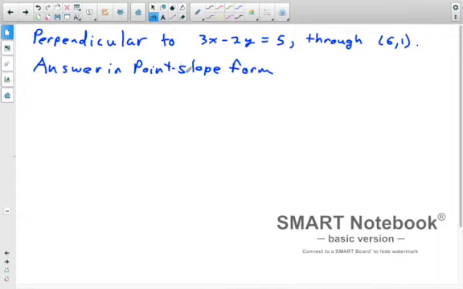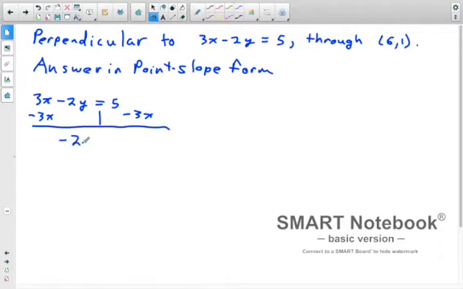Now, the traditional way of figuring out what our slope is, is by solving this equation for y. So if we solve that for y, we have 3x minus 2y is 5. We subtract 3x from both sides of our equation.